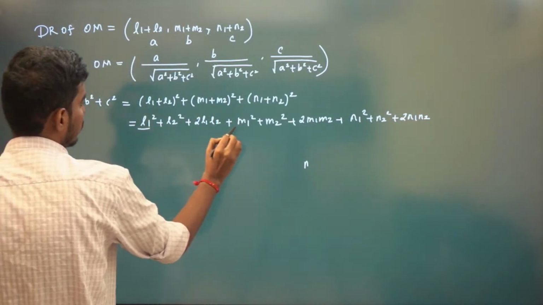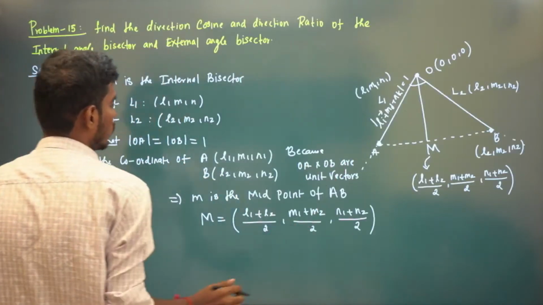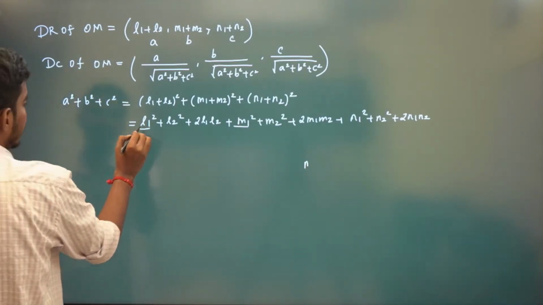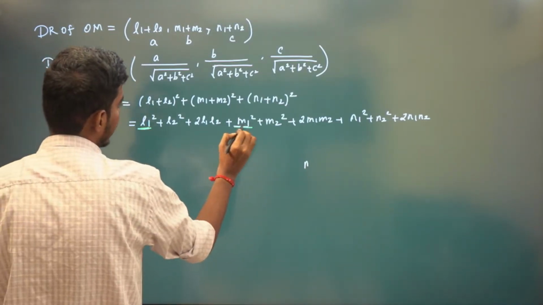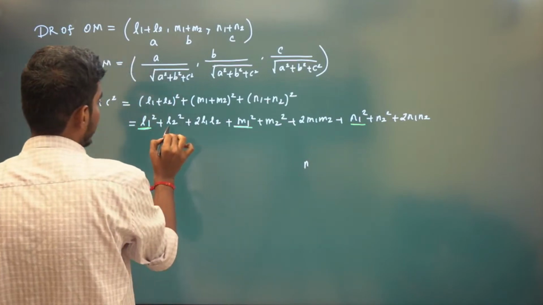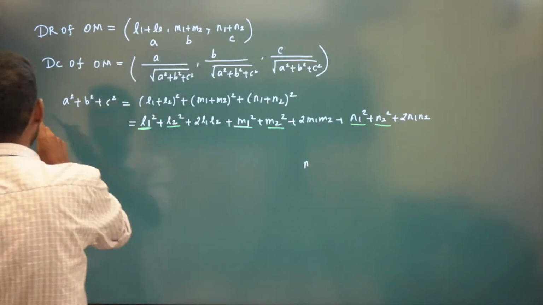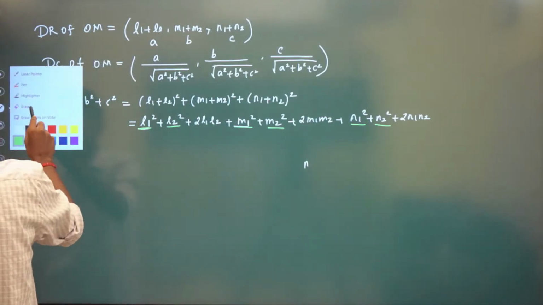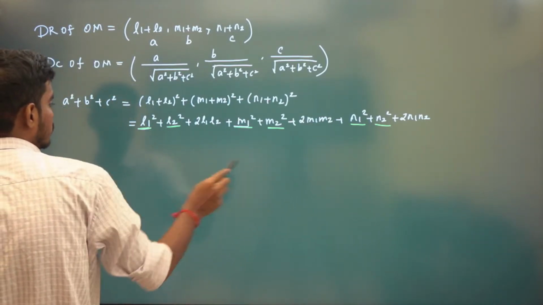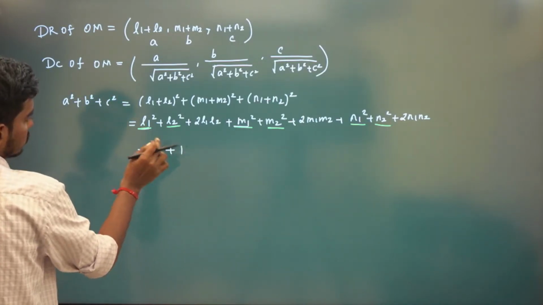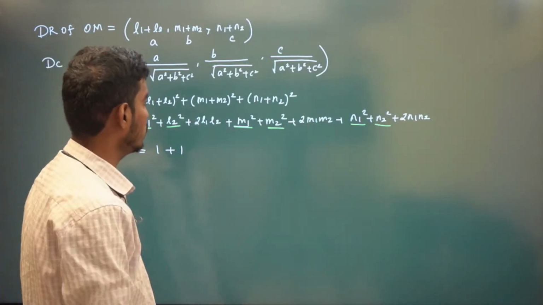So L1 square plus M1 square plus N1 square will be 1, because L1, M1, N1 is the direction cosine of the first line. And again L2 square plus M2 square plus N2 square will also be equal to 1. So we will have 1 plus 1. These three terms will be 1, these three terms will be 1.